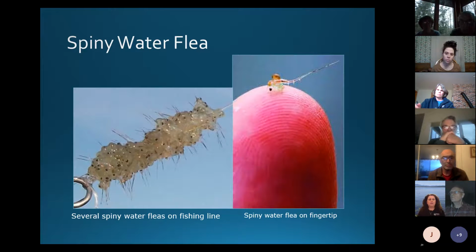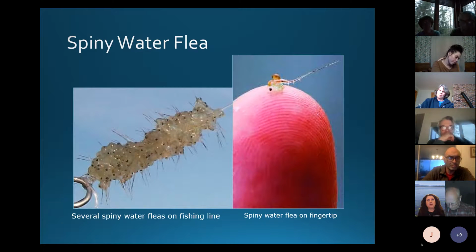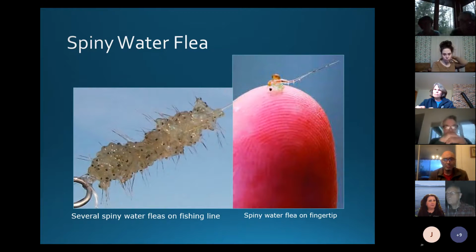And then the last one I wanted to share is the spiny water flea. This one is in Vermont and New York, and it's tiny. So in our lakes, you may have heard of Daphnia or water fleas, normal water fleas. Those are normal parts of our plankton community, and they're really important for fish and for taking up algae from the water column.